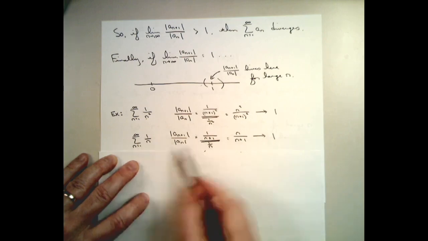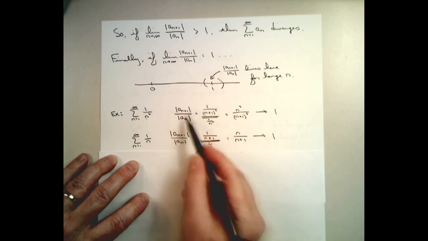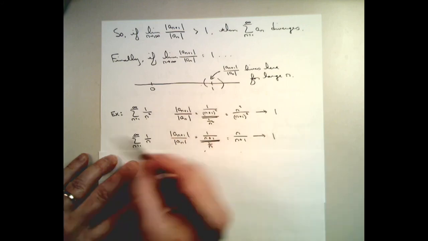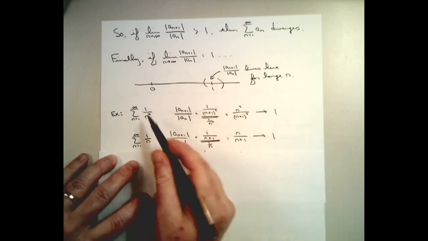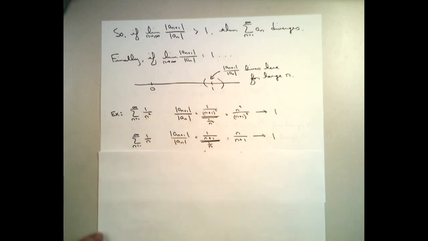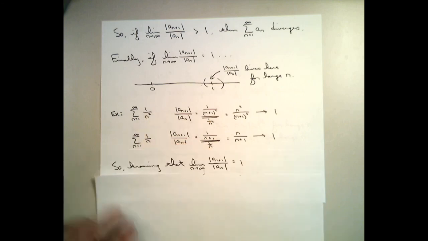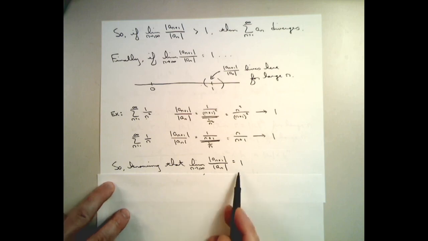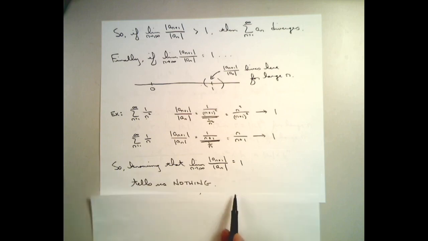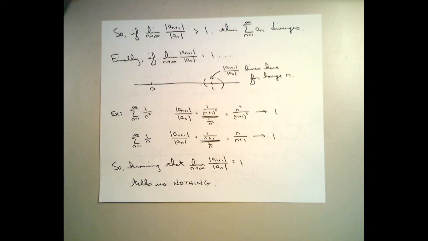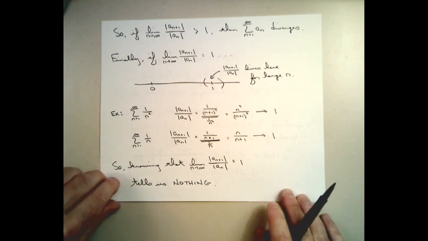So I can have my limits go to 1 sometimes with a series which diverges, sometimes with a series which converges, which tells me that simply knowing that the limit is equal to 1 tells us nothing about the series, nothing at all. We can draw no conclusions whatsoever.